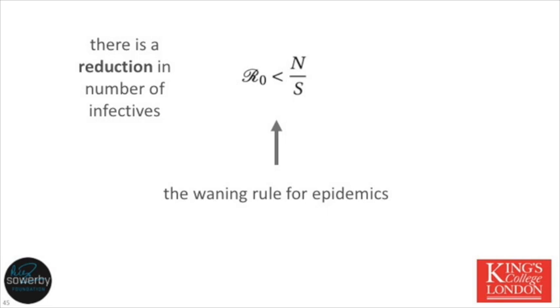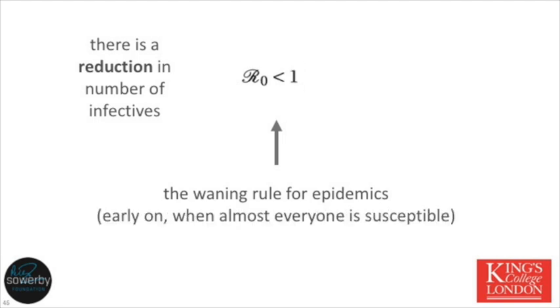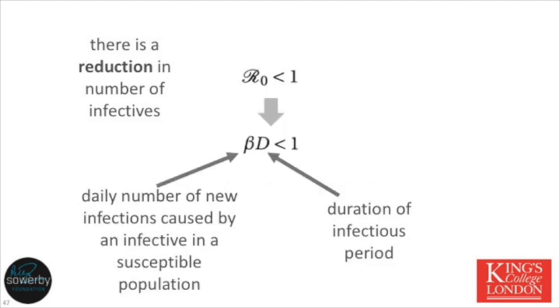Therefore, early in the epidemic, we can say that the total number of infections is decreasing and the epidemic is waning when R0 is less than 1. If, on the other hand, R0 is greater than 1, the epidemic is continuing to spread. Therefore, we can also write the waning rule as beta times D is less than 1.